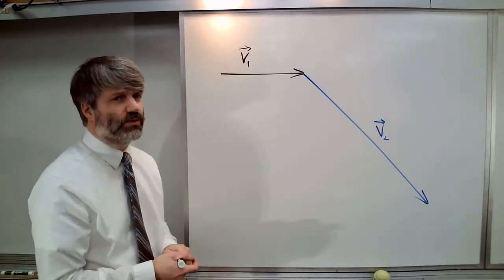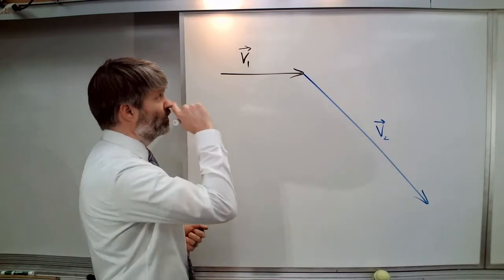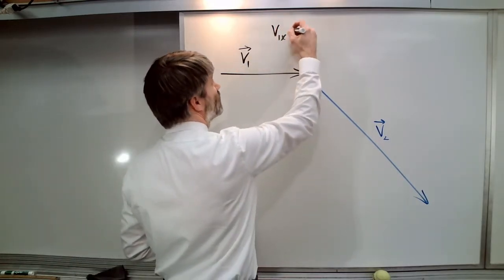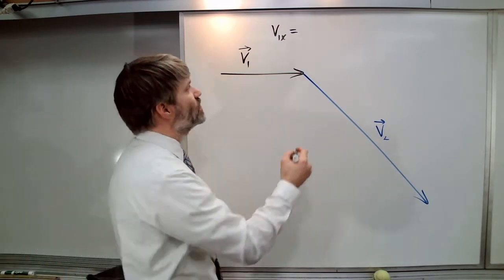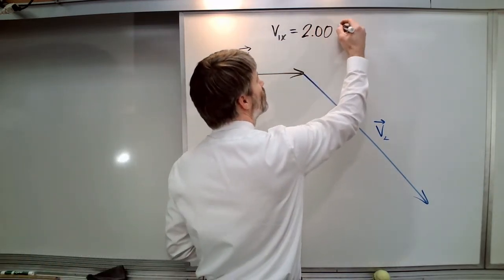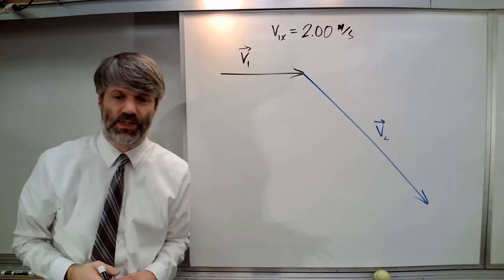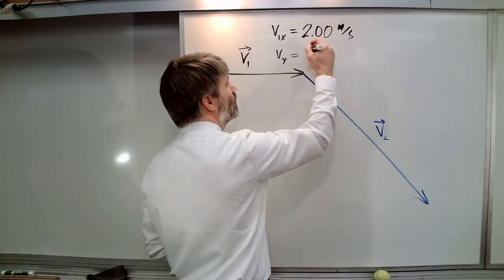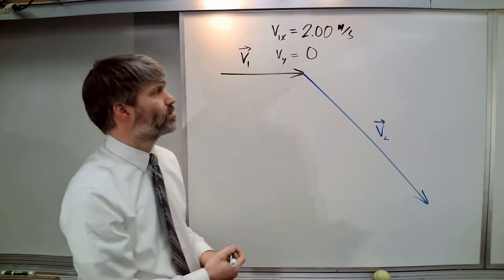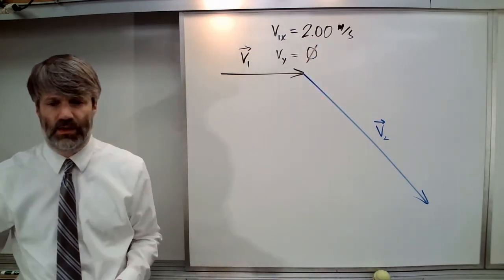So we really don't have to do much calculation for this one. We'll just say that V1's x is the same magnitude as V1 in this case, 2.00 meters per second. V1's y is 0. It's nothing. That's the line through there.